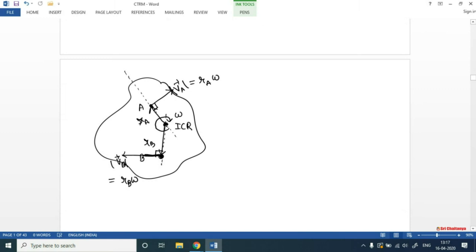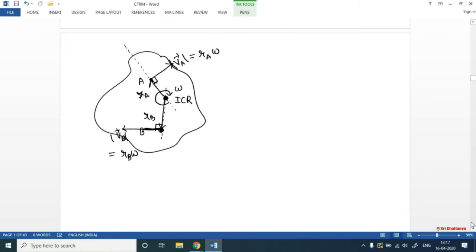If we manage to find the instantaneous center of rotation, writing down the kinetic energy of the rigid body becomes very, very simple. Since we are assuming purely rotational motion about the instantaneous center of rotation, it will be half into the moment of inertia of the rigid body about the instantaneous center of rotation into omega square.